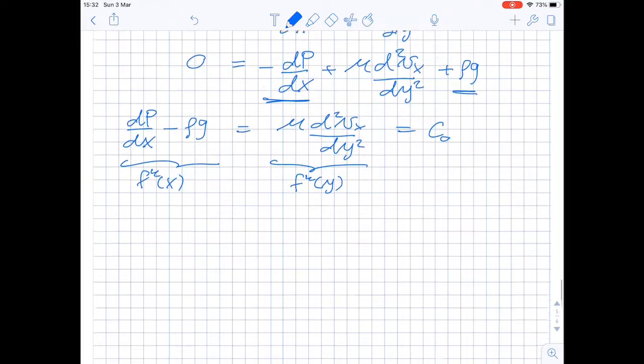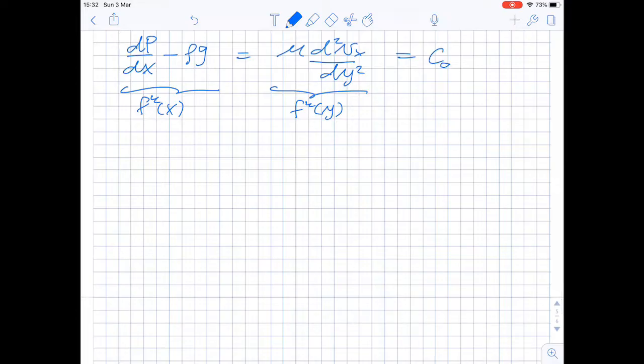So, if both sides are constant, then I can split the equation into each half. Start with the left hand side equal to C0.